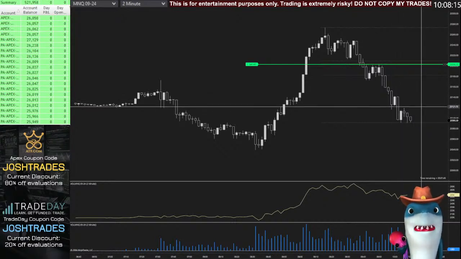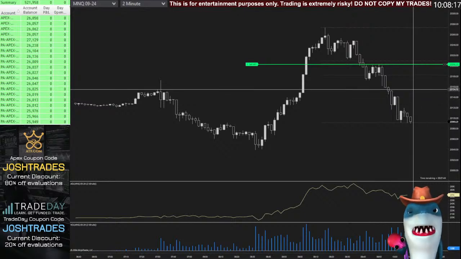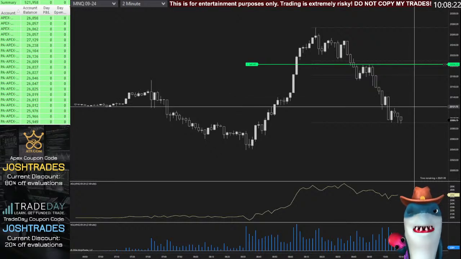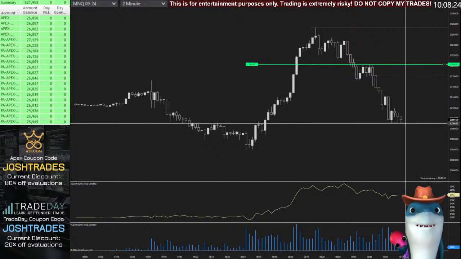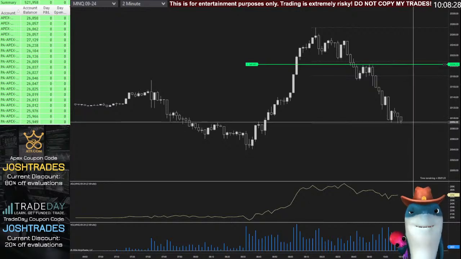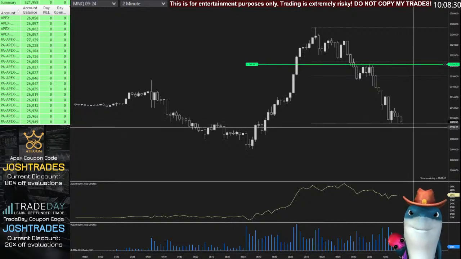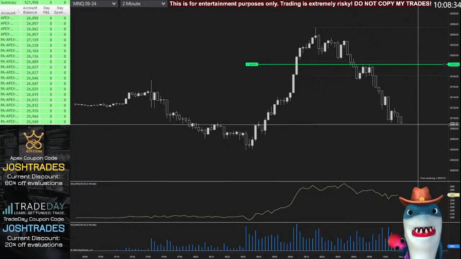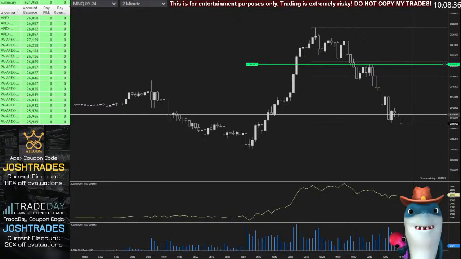The moves are not as clean, which is also kind of why I like the Nasdaq a little more. When you're in the trade, price moves are generally a little cleaner, where it just goes more directionally one way or another. Whereas in ES or YM, it just chops around, and it's easier to get whipped out, I think.